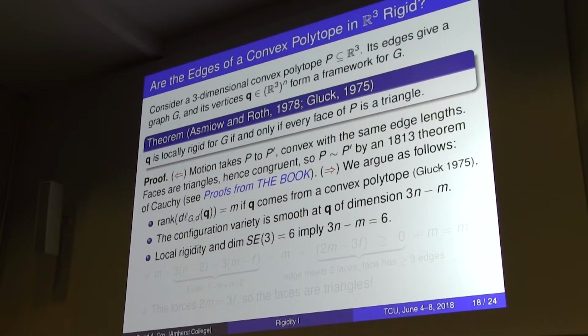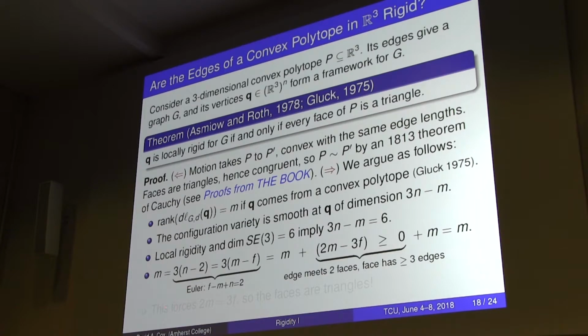Then what I can do is solve for m, put that on one side, put the other stuff on the other side, and factor out a factor of 3, and this equation becomes that equation. We have our friend Euler: faces minus edges plus vertices is 2, so this formula turns into that. I'm simply going to write this as, I have 3 m's, so I can put one of the m's there and put the others there.